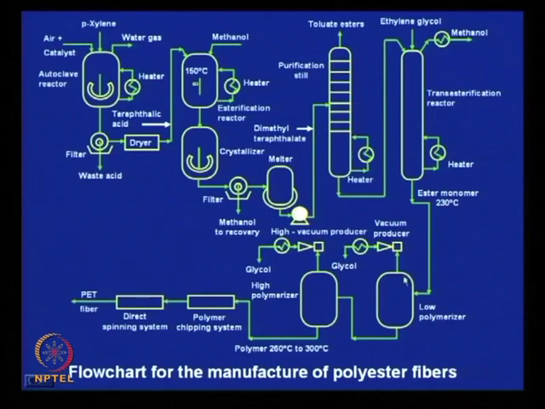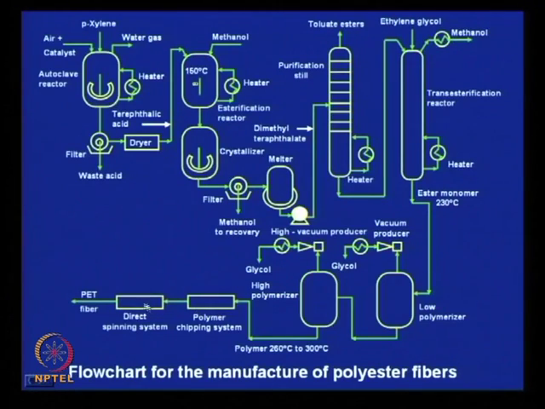Anyway, here you see, it is shown in a different way, 260 to 300 degree Celsius temperature, and then glycol recovery is also there, and ultimately through the polymer chipping system, it cuts into small flakes or granules.